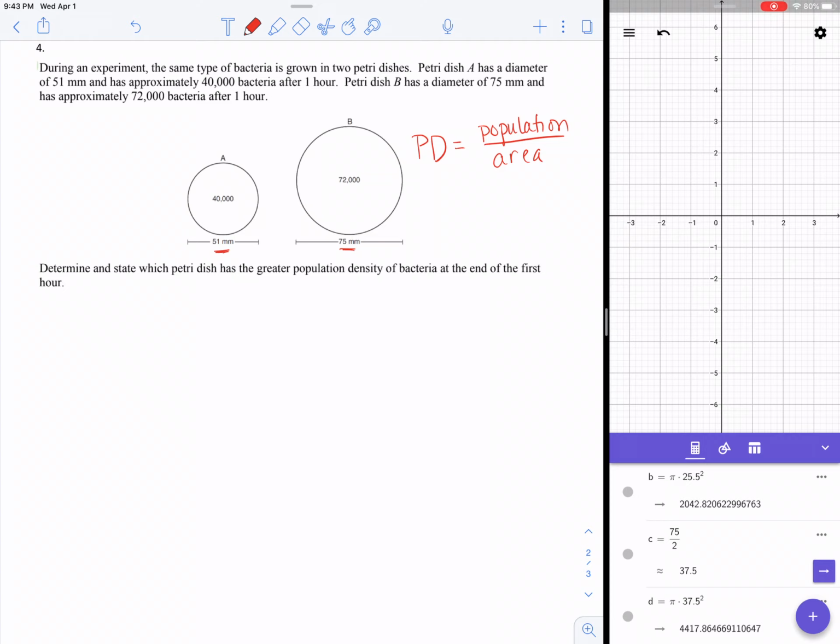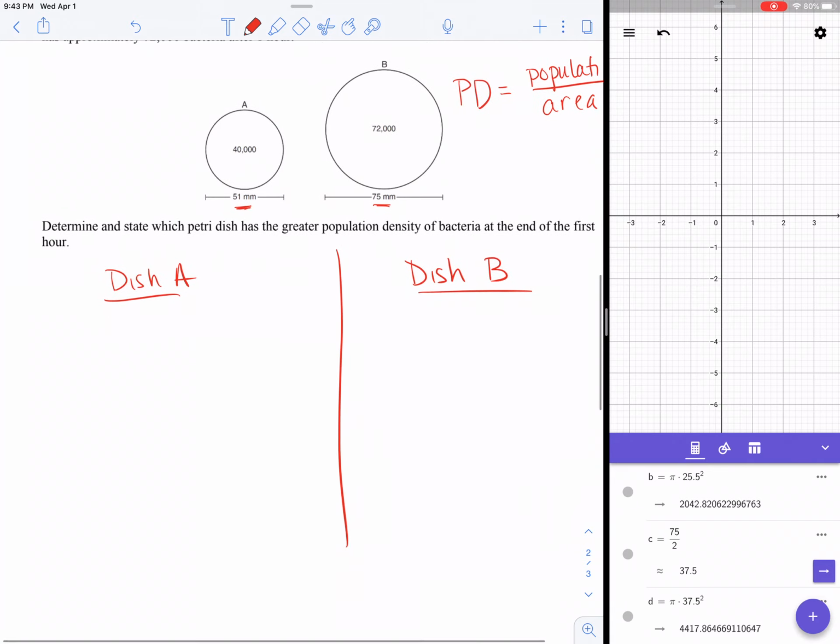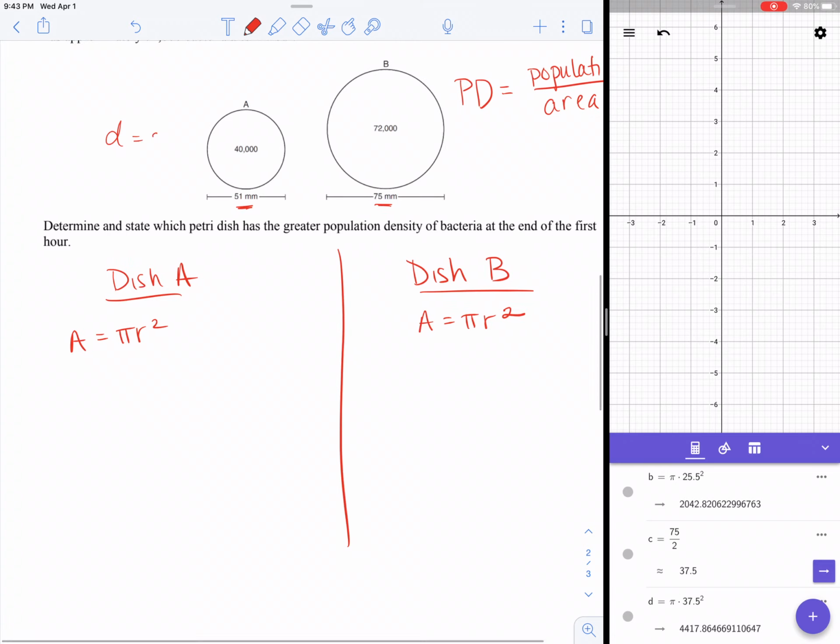Well, they gave us the diameter of both dish A and dish B, but they didn't give us the area. So we could find the area using area equals pi r squared, except for dish A, they gave us that the diameter was 51.